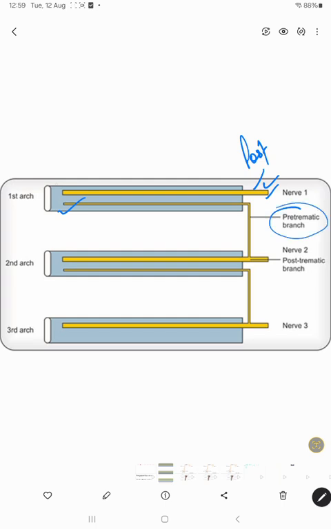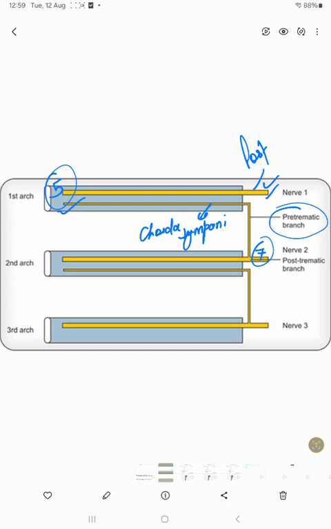So we have the fifth nerve in the first arch, post-tympanic, and pre-tympanic is the chorda tympani nerve, coming from the seventh nerve, but chorda tympani nerve is a nerve of the first arch. In humans, except the pre-tympanic nerve of the first arch, all the pre-tympanic nerves degenerate.